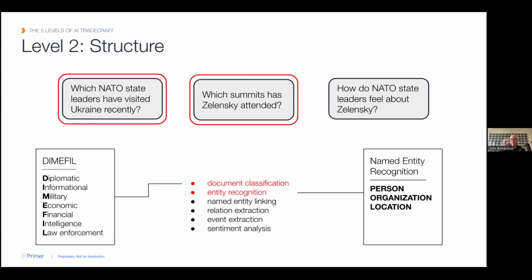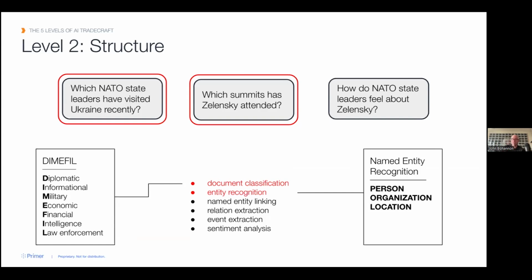The other thing I want to bring your attention to is on the right. So that second question, which summits has Zelensky attended? Well, Zelensky is a person, right? And so another thing that would be really handy is to only look at documents that are talking about the person Zelensky. And there's a very tricky aspect, especially with foreign names, that I'm going to get to in just a sec.